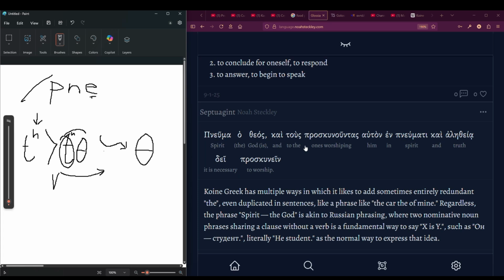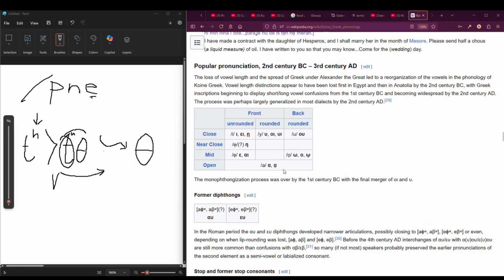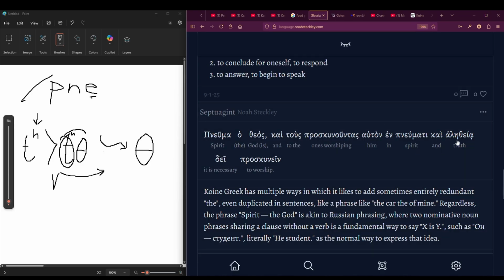prosknuntas, afton and pneumati. In pneumati ke aletheia, this is still bizarre to me, but alpha iota is just losing the iota altogether. It's not even doing anything. Aletheia, di proskinin.